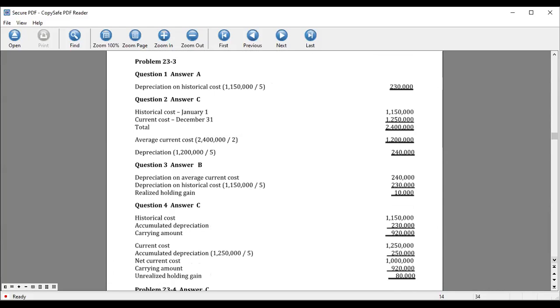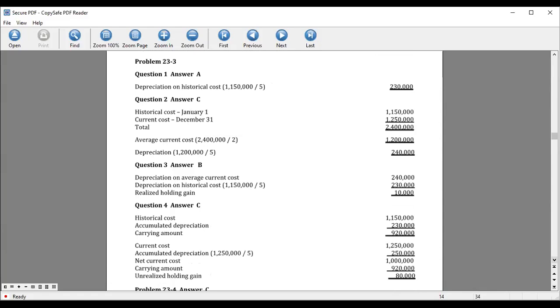Now, question in number 23, what amount of depreciation should be reported in the historical cost income statement for 2020? The company purchased a machine for 1,150,000 on January 1, 2020, the first day of operation.